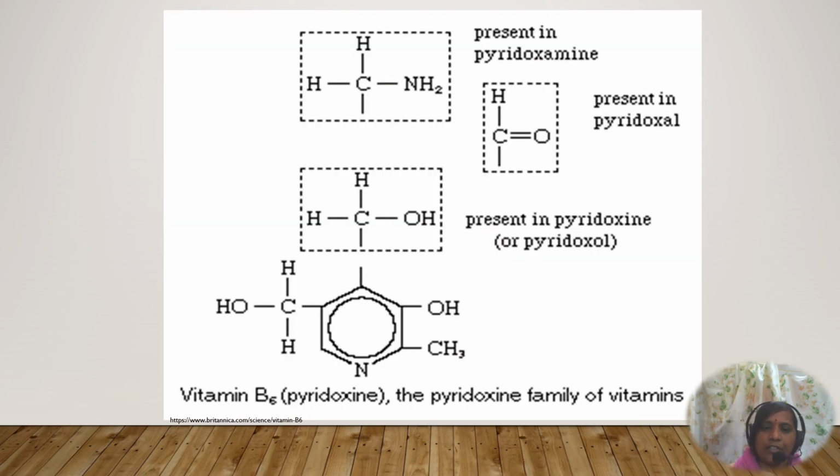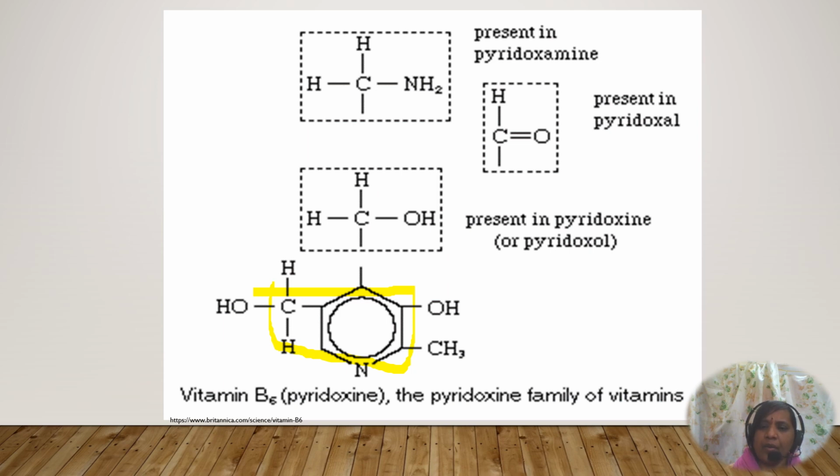So this is the structure of those three different forms of pyridoxine, as I was telling you. They have the same ring structure, that is the hydroxymethyl pyridine ring, but the functional group linked to those three forms is different.